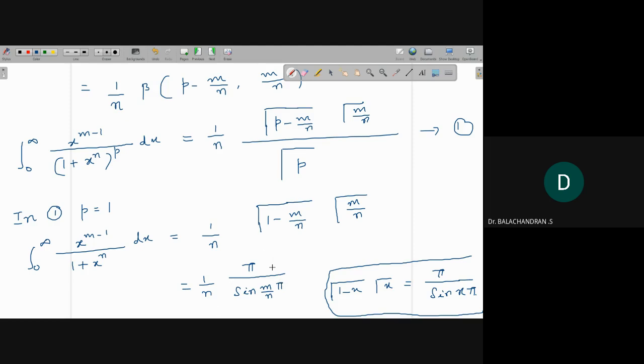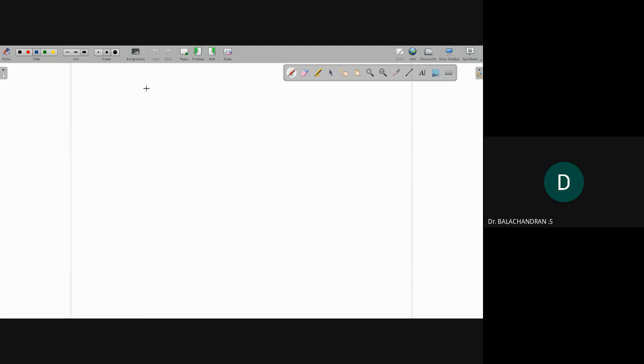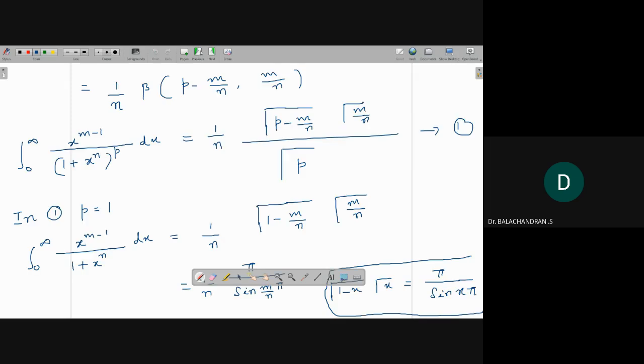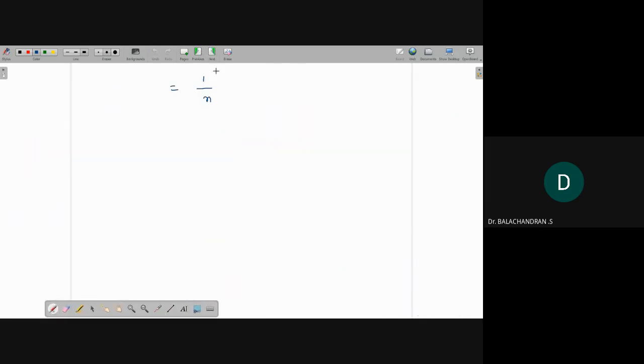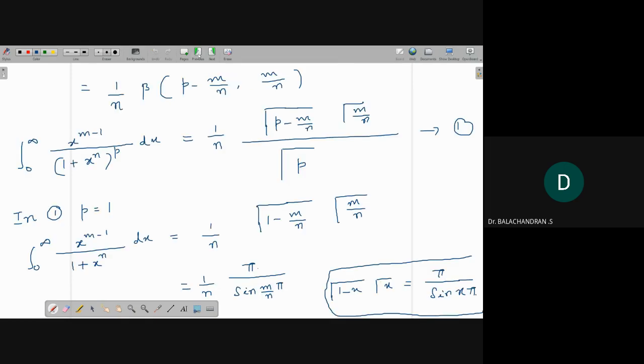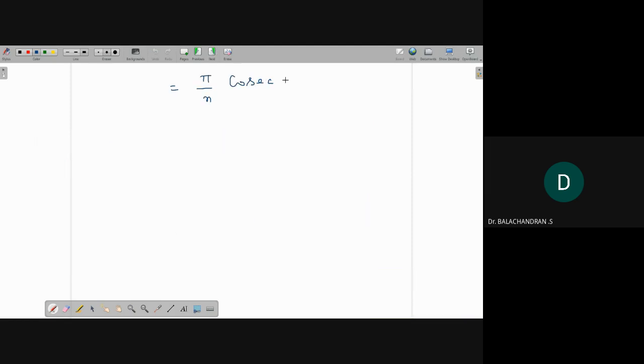Okay. You can write 1 by sine theta is cosecant theta. So you can write this is equal to 1 by n, you can write pi by n, no problem, cosecant m pi by n.